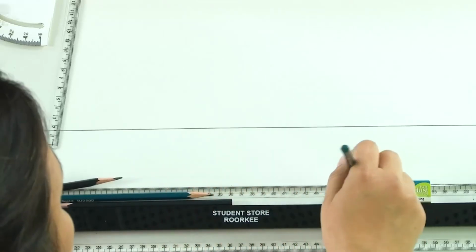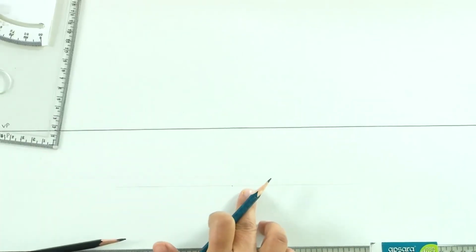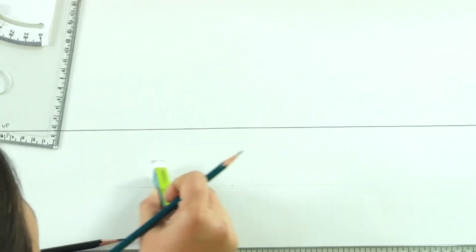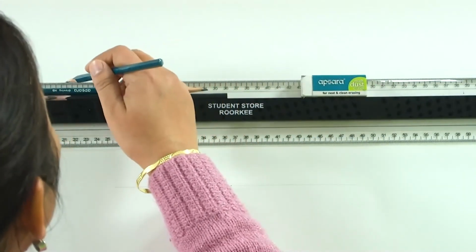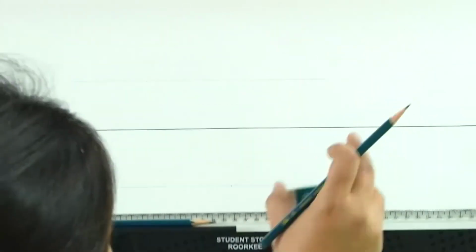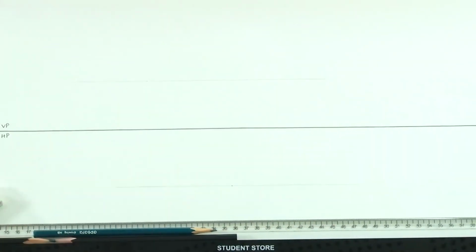So the center for the hexagon continues to stay on this line. Now, it is 5 centimeters above HP. So we will draw a line 5 centimeters above HP. This is what it is. So we just have a line, we do not know where the center is, so we can assume it anywhere.